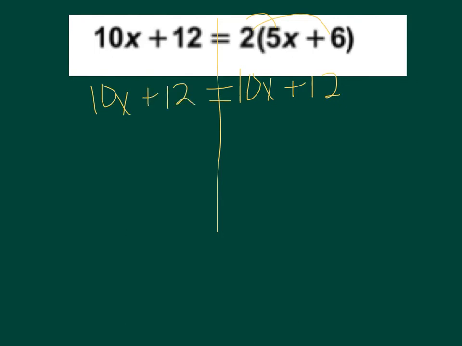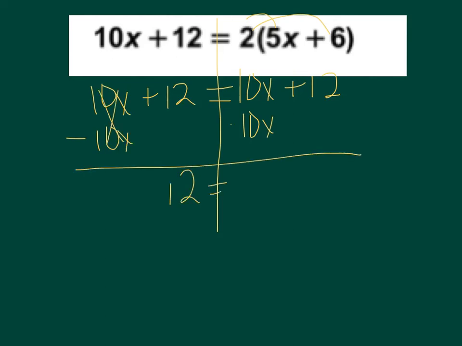Now I'm going to move this 10x, so I'm going to subtract 10x. These cancel. I'm left with 12. These cancel, and I'm left with 12. So my variable is gone. When your variables cancel, you're either going to have identity or no solution. This is a true statement, so this is going to be an identity.